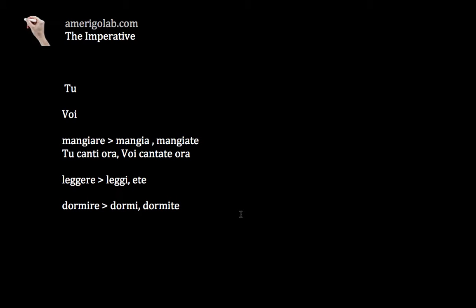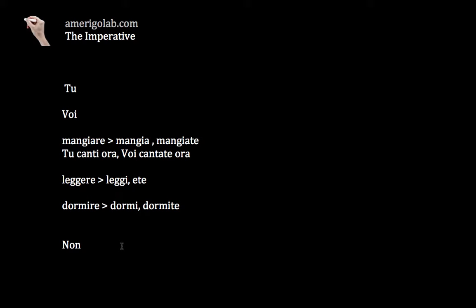So what is going to happen? It is simple. With the tu form, you must use non first and the infinitive form. So in this case, for the tu form, you don't use mangia, but you take the infinitive form.